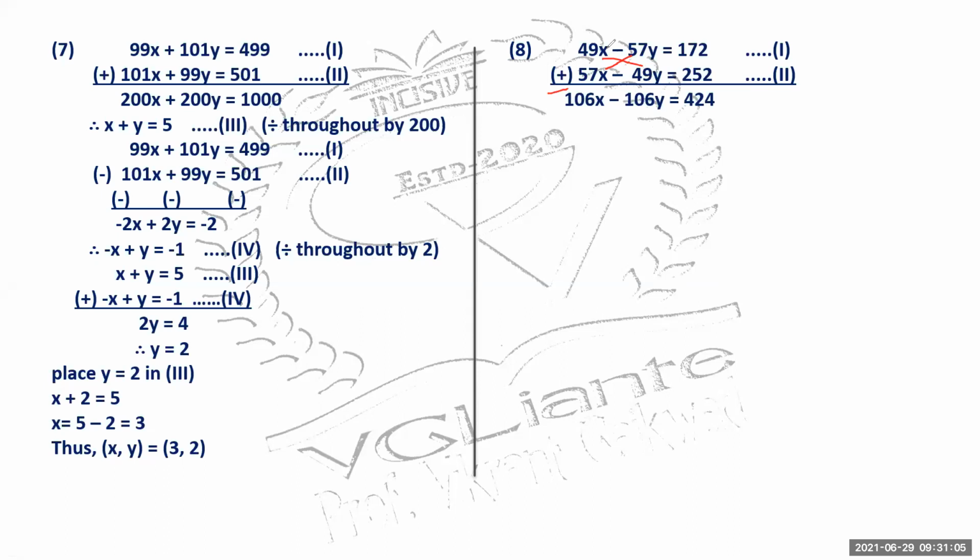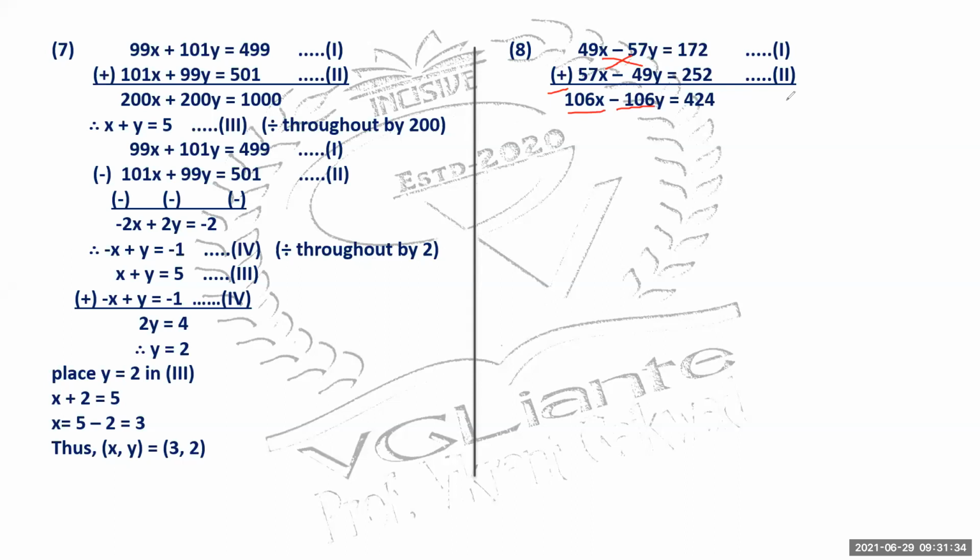So 49 plus 57, 106x, minus 57 minus 49. Both the terms are negative, you add and you put the negative sign. So that is minus 106y, and 172 plus 252 will give you 424. So 106x minus 106y equals to 424.